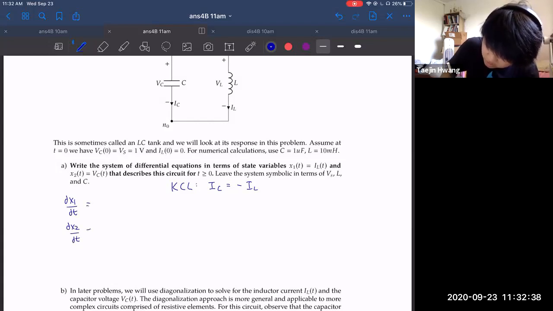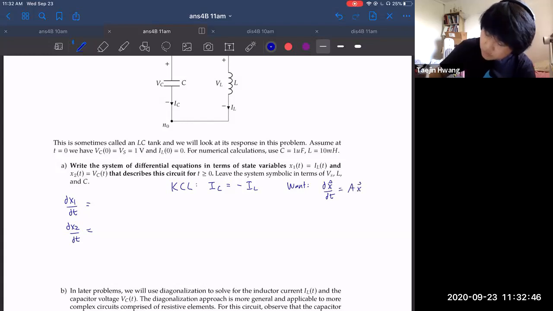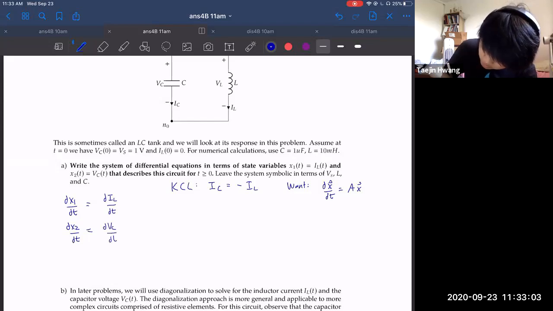The reason I do this is because we want something of the form dx/dt is equal to Ax, so might as well figure out what dx/dt is first. So we take the derivative of IL, and we take the derivative of VC. What do we get?